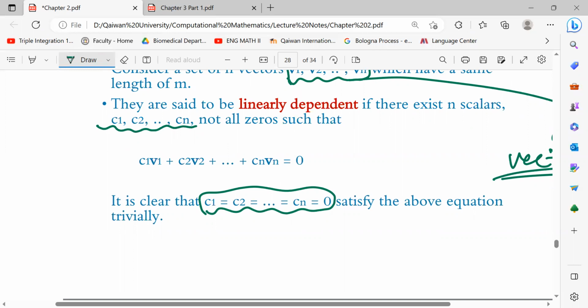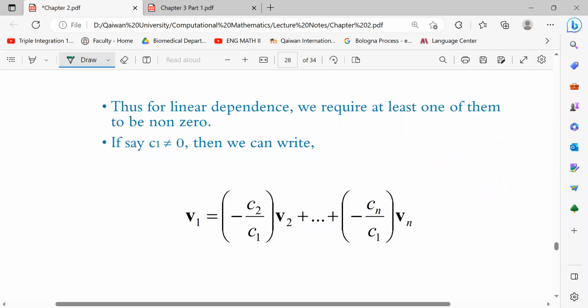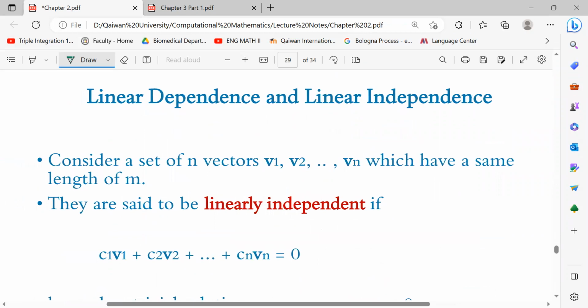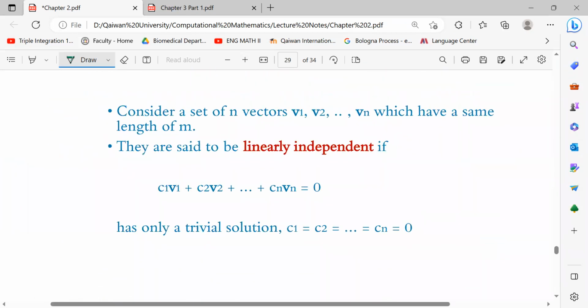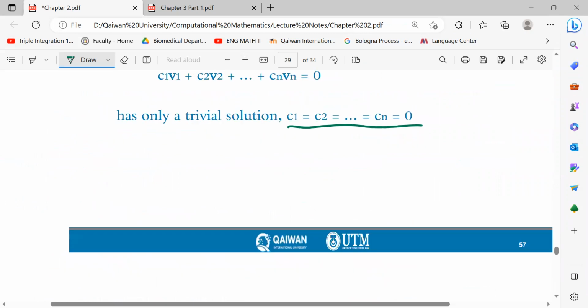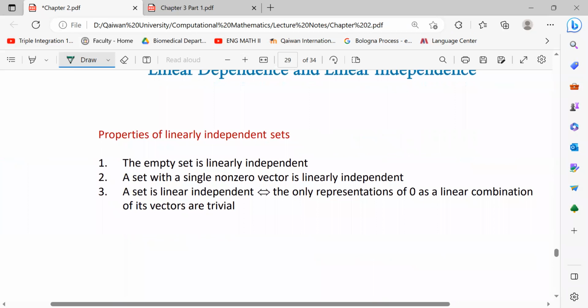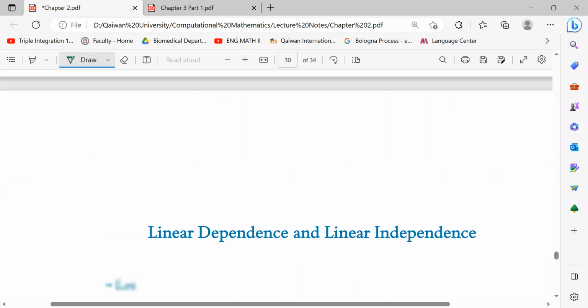Look, linearly dependent if at least one of the C's is not 0. But for linearly independent, all C's must be 0. If you have only that solution, if all are 0, it's linearly independent.